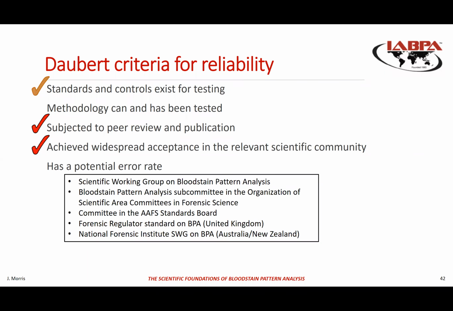Those standards and guidelines are published by the Academy Standards Board, the American Academy of Forensic Sciences Standards Board. So in the United States, we have standards and guidelines that are published. Outside of the United States, for those who live in the UK, the Forensic Science Regulator has published a standard on BPA. For my colleagues over in New Zealand and Australia, you have the working group on BPA that's under the National Forensic Institute. So all across the globe, we have standards that are being published to make sure that the work that's being done is good work.